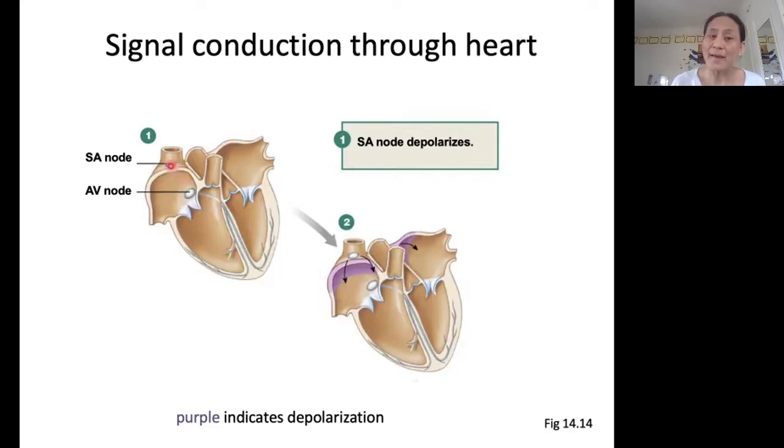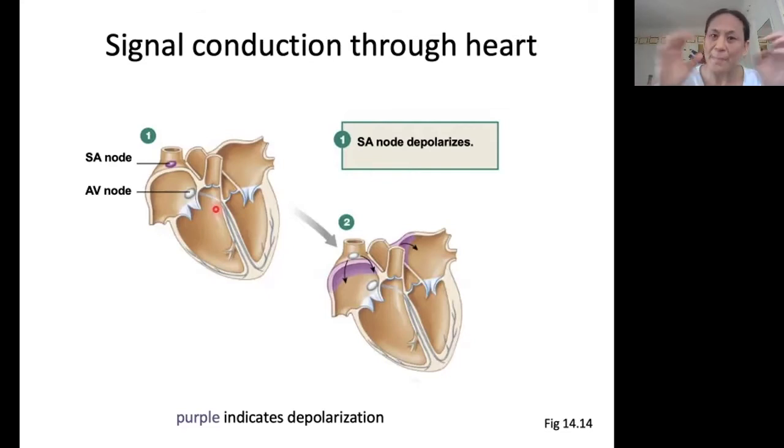Okay, from the SA node, remember that we have fibers that go along the walls of the right atrium. So we're going to get spreading of that signal down the right atrium. It's also going to spread not only among those fibers, but remember that those fibers of pacemaker cells are also electrically coupled to the surrounding contractile cells.